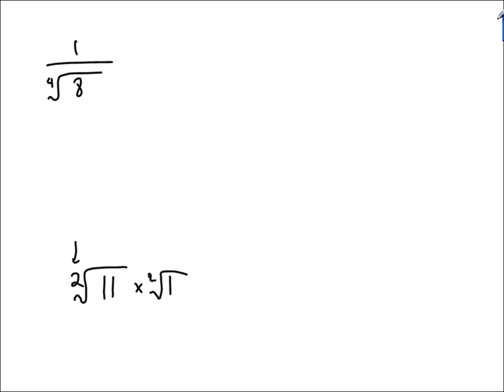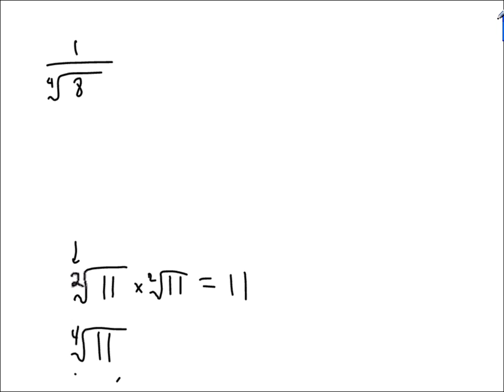For example, if you had 1 over the 4th root of 8. Now, remember, if you have the square root of 11, and you multiply it by itself 2 times, you get back 11. The 4th root of 11 is the special number that when you multiply it by itself 4 times, gives you back 11.